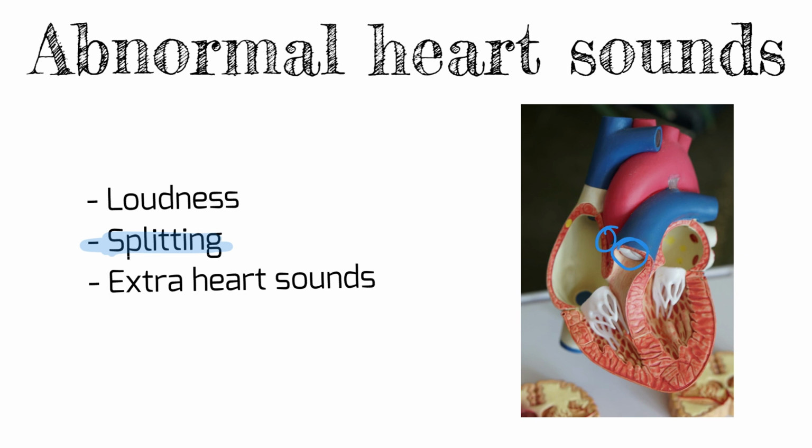And we also said that the pulmonary valve tends to close just after the aortic valve. The reason for that, it's thought, is that the pressure in the right ventricle is slightly smaller than in the left ventricle, so when blood is pushed out of the right ventricle, it's going to take a little bit longer to get out because of the decreased pressure, which means that the pulmonary valve is going to close a bit later than the aortic valve.